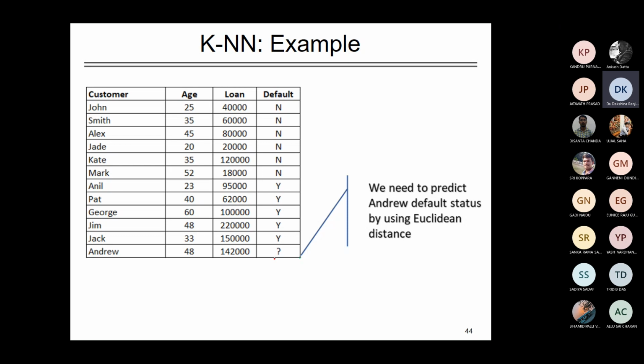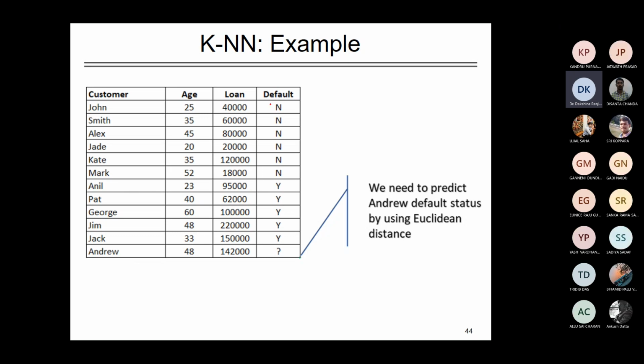Then we get the proximity using some distance metric, and finally we can predict the class of this customer, which may be yes or no. So this is very easy to predict the class label.